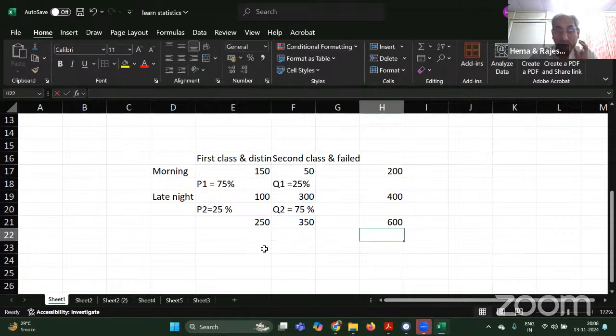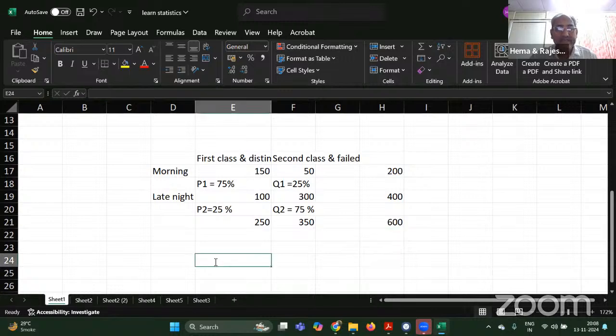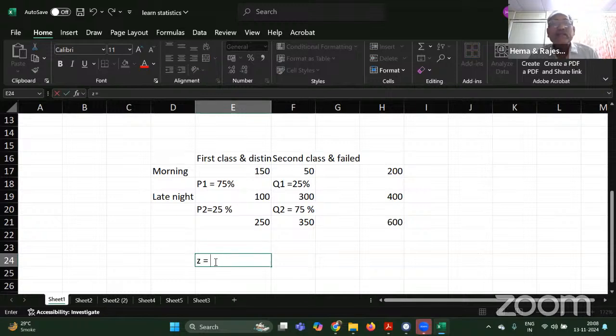Most of you may not be remembering the formula for finding out the Z, right? So Z is equal to, while I am writing this, I don't remember the formula. I understand how this has arrived, and from that I calculate, right?